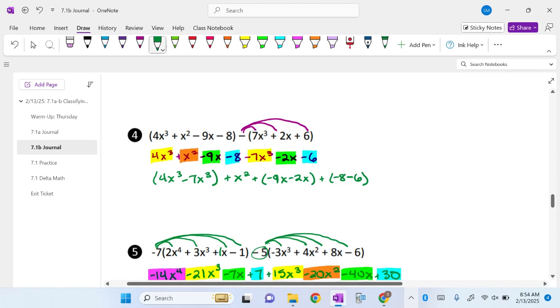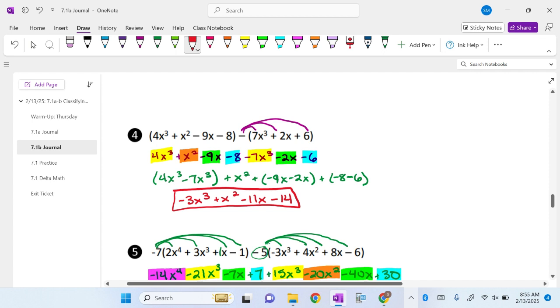All right. So to combine those like terms, 4 minus 7 is negative 3x cubed. Bring down that x squared. Negative 9x, so negative 9 plus negative 2 is negative 11x. And then negative 8, negative 6 is negative 14.